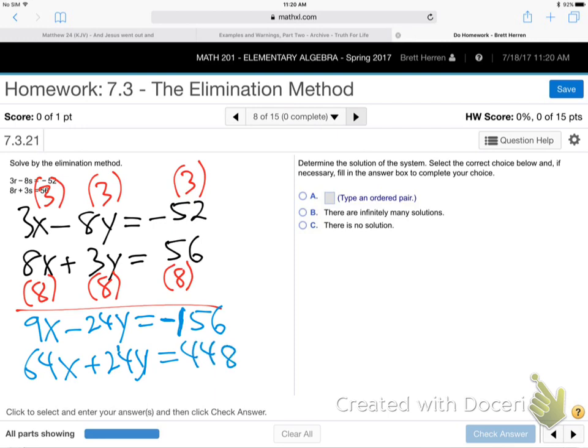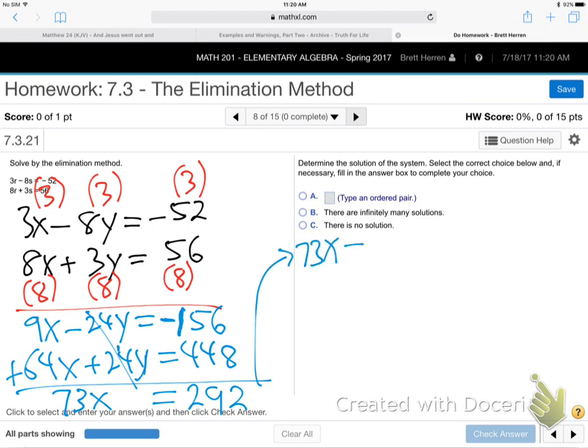Is that 448? Yeah. Add them up. Y's eliminate. 73x is some big number. 292. Thank you. So 73x.